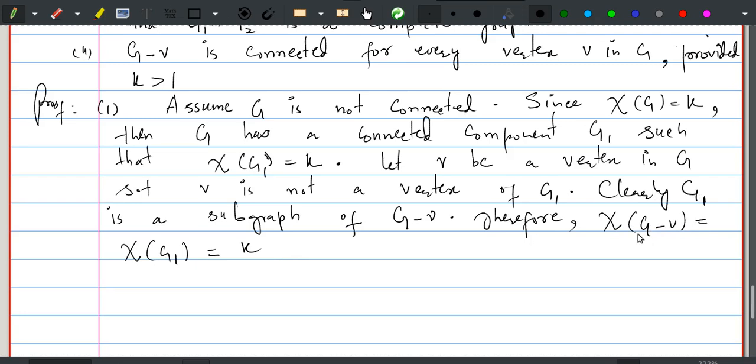So we have exhibited this subgraph G minus V whose chromatic number is k as well.